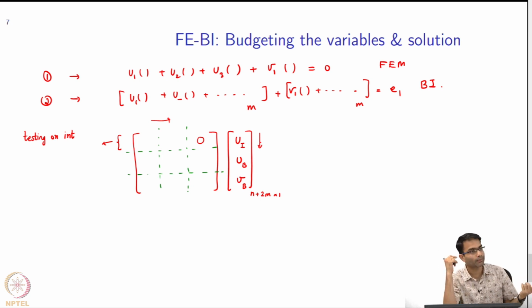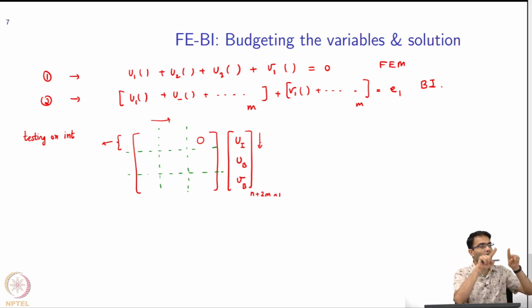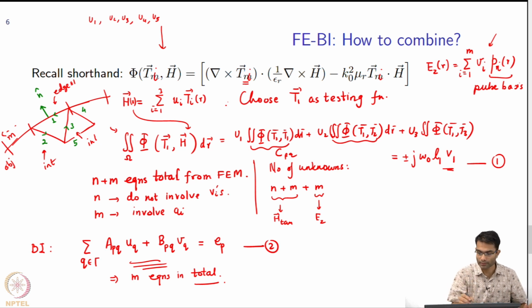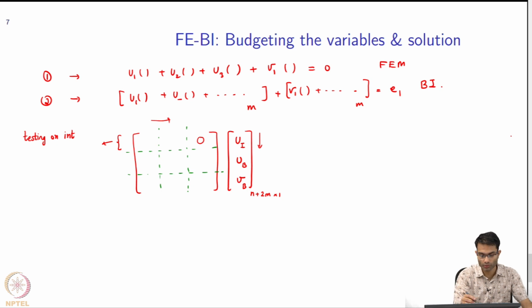Then I move to the FEM equations, but considering the boundary edges. That is the example that we took over here. For example, this equation 1 involves the u's and the v's, so all of them are non-zero in general.